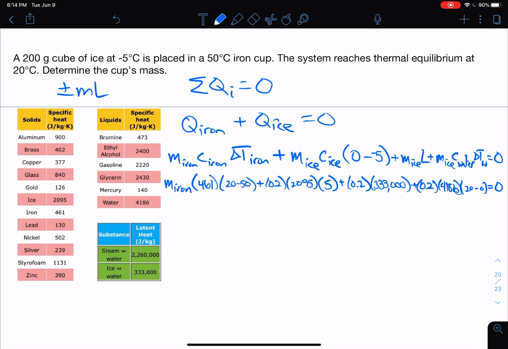And at this point, just go ahead and crunch the numbers. So that's going to be 461 times negative 30.